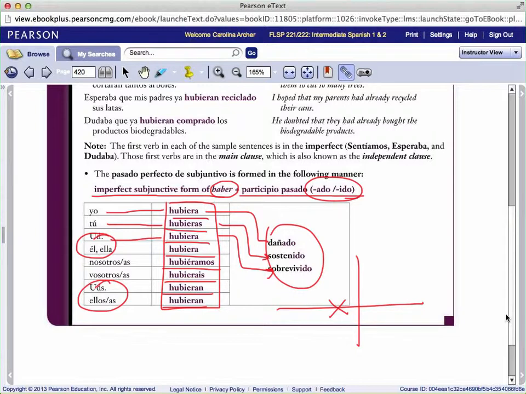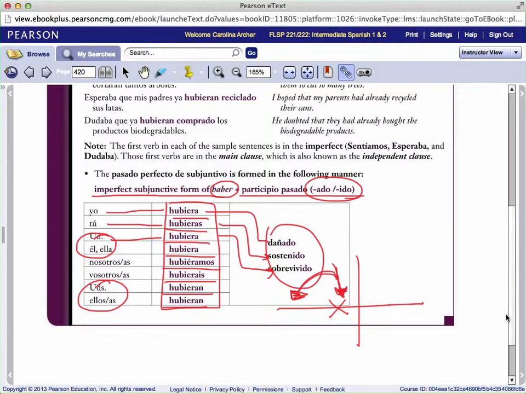Okay, so the past, something you did in the past, you recommended that they did something. Okay. Actually, that was not a very good example, but they regretted, okay, not recycling before. Okay, so the main clause is going to be in the past tense, but you're going to be talking about something that happened in the past, but before that.